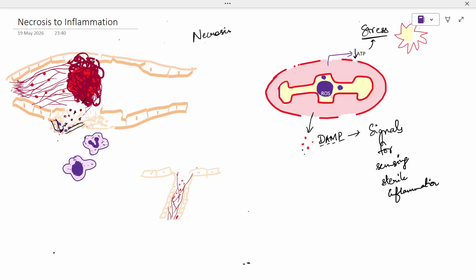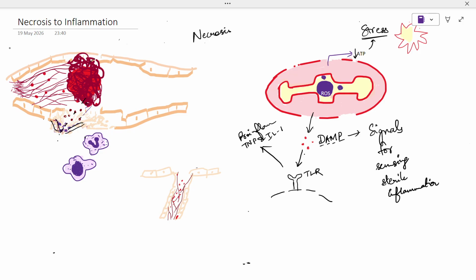These DAMP molecules help in activating a few receptors present on the cell membrane called TLR receptors. Now, TLR on interaction with the DAMPs leads to release of pro-inflammatory cytokines like tumor necrosis factor and interleukin-1.